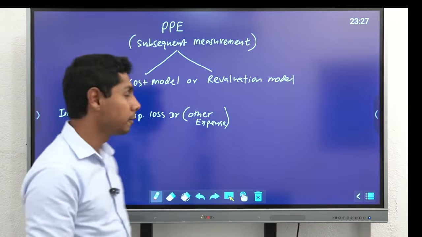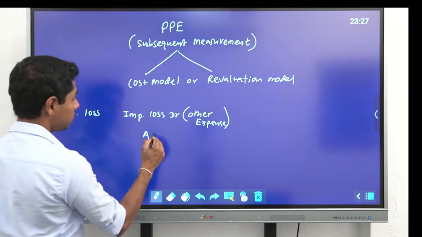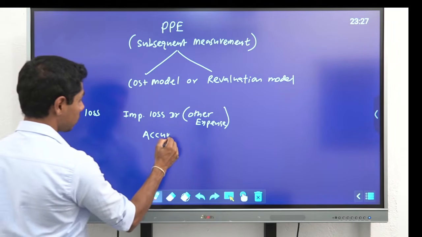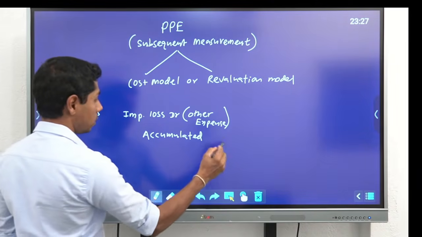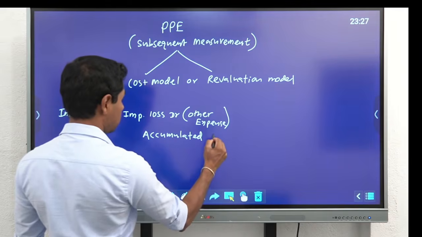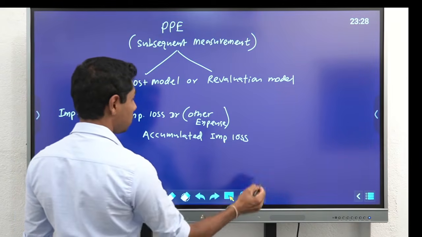Similarly, here we credit the accumulated impairment loss account.